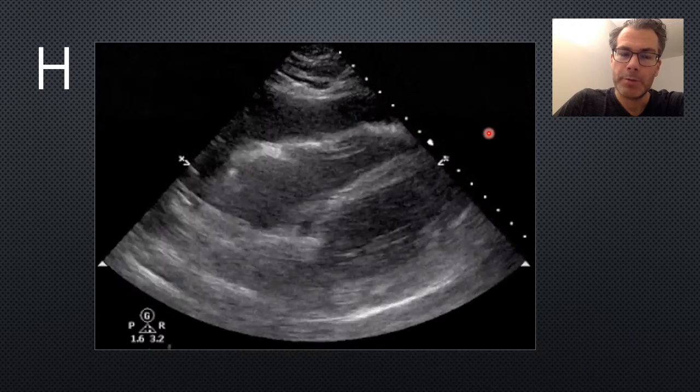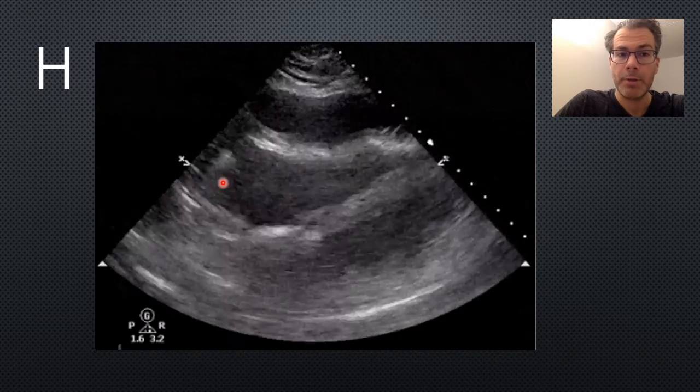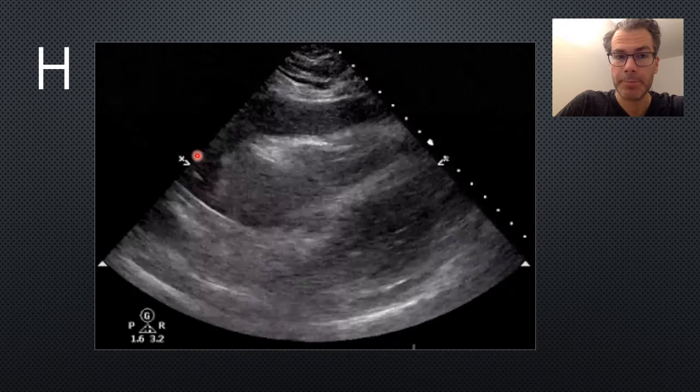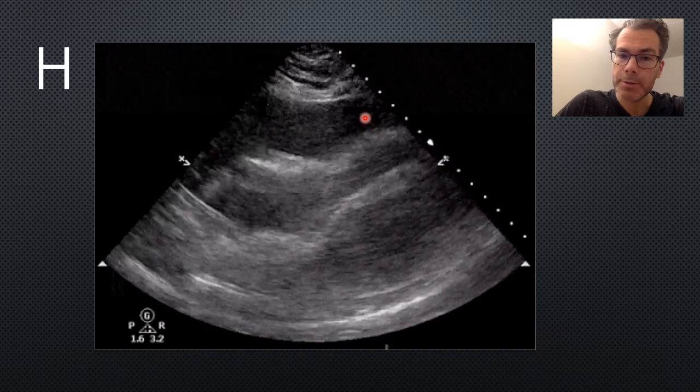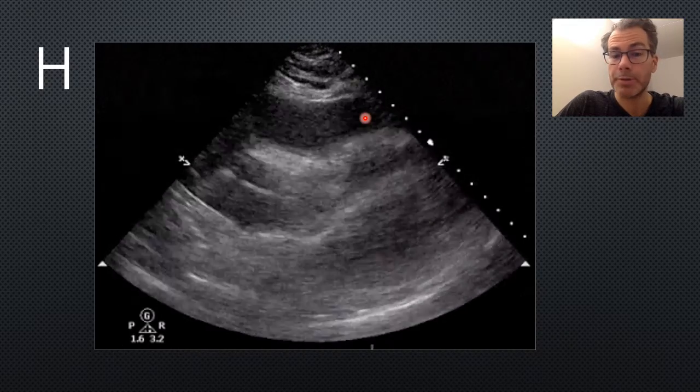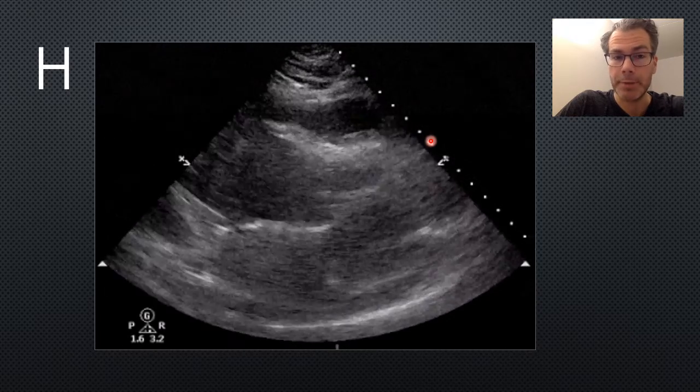So in tamponade, first, the lowest pressure chamber is affected. So the right atrium is the lowest pressure chamber. So first you get right atrial collapse during atrial diastole. Then as the tamponade progresses and the pressure in the pericardial space increases, the next highest pressure chamber starts to collapse. So the right ventricle collapses during ventricular diastole.